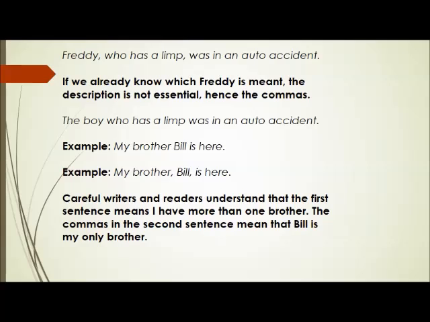It identifies which of the two or more brothers I am speaking of. This is why no commas enclose Bill. But in the second sentence, Bill is non-essential information. Whom else but Bill could I mean? Hence the commas. Careful though, comma misuse is nothing to take lightly and can lead to misinterpretation.